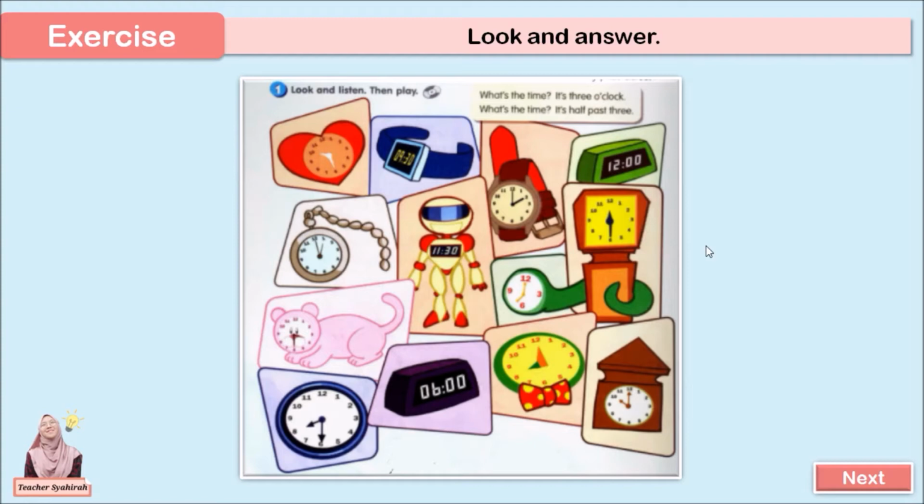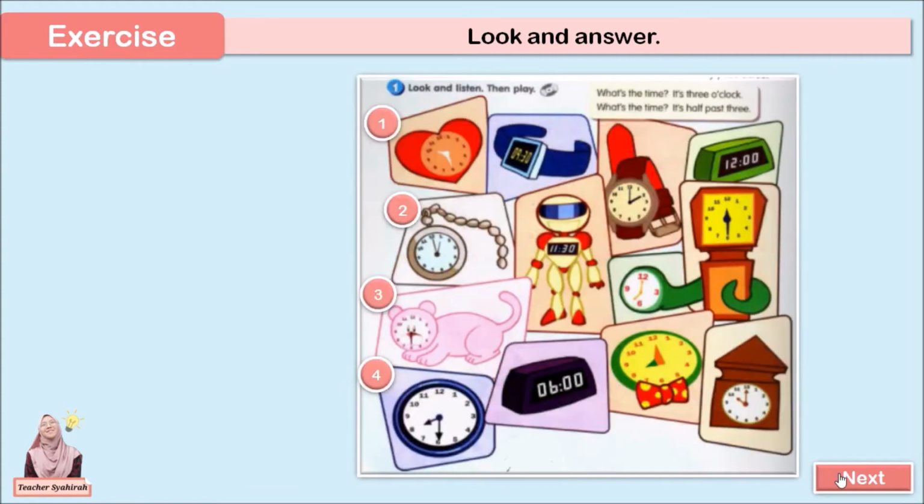Okay, now I assume you're already done. Now let's discuss the answer. Let's look at the first row. Look at this first clock, the heart-shaped clock. Look at the shorter hand of the clock. It's at 10, and the longer one shows at 6. So what do you think is the answer?